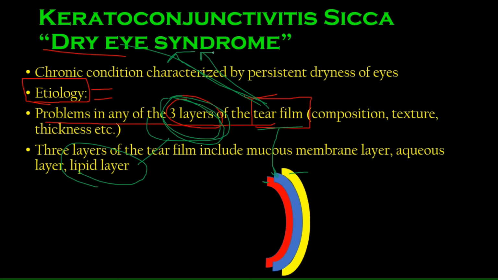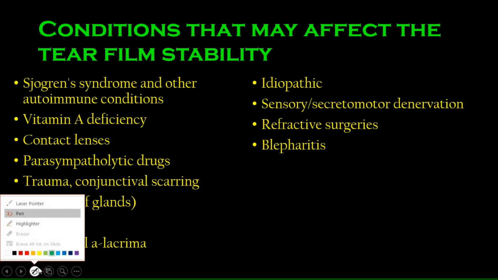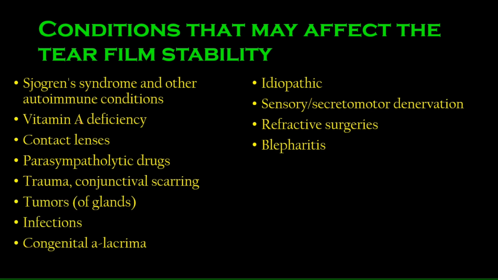Let's move on from these general underlying conditions and go specifically into what could actually cause dry eye syndrome. These are a lot of conditions right here. Sjogren syndrome or any other autoimmune conditions, right? Let's say a person has an autoimmune disorder in which the cells attack the tear glands, the lacrimal gland.